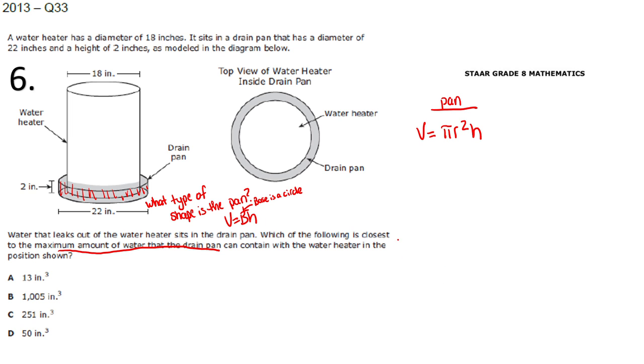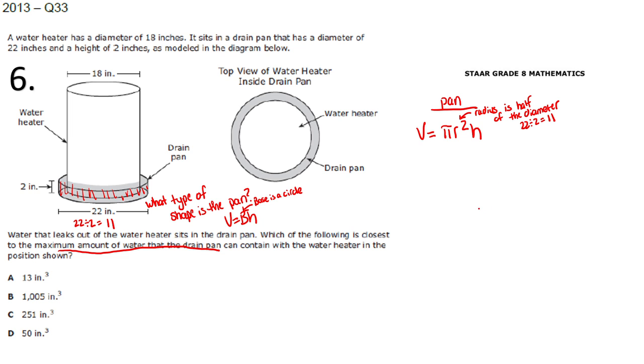If we finish this off, we need to figure out what the radius is. Half of the diameter. If we take half of the diameter, that's 22, which is the whole thing, divided by 2. Our radius, let me write it over here too: 22 divided by 2 is 11.